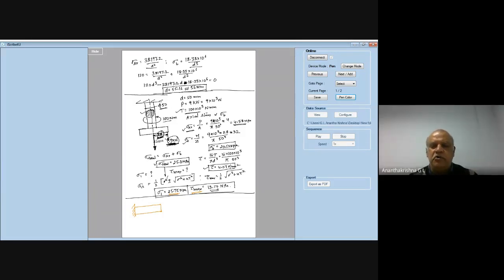Please look at the screen now. It is a cantilever beam of rectangular cross section. This is the rectangular cross section of depth, how much? Depth of 200 mm given in the problem. And it is subjected to an axial tensile load of 60 kilonewton, and a transverse load at the free end of the beam is 50 kilonewton.